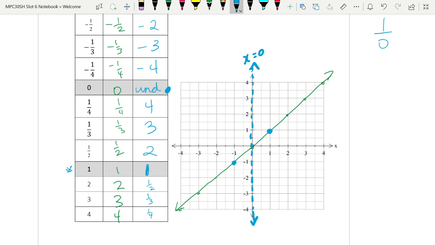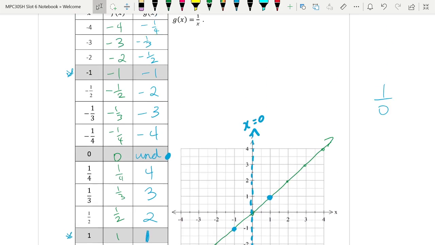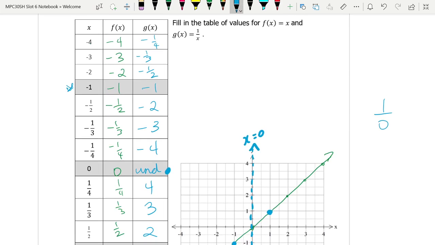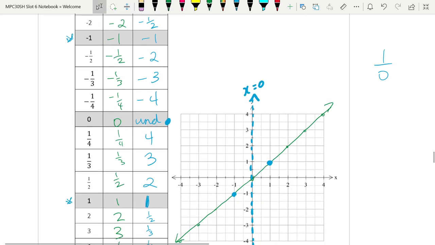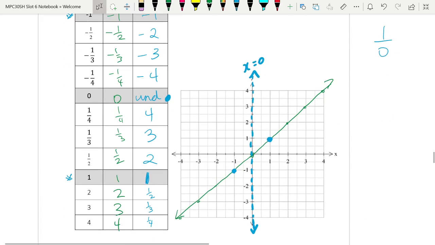When x was -4, y was -1/4. So at -4, when x is -4, y is -1/4, which is, I don't know, like half of this square, right? Because those squares are halves, half of a half's a quarter. I don't even want to try to mess with thirds.